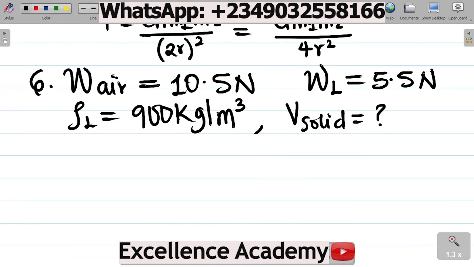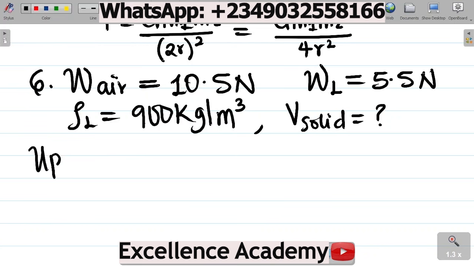So how do we solve this particular question? Your first task would be, let's find the loss in the weight. Recall that the object's weight in air was 10.5 Newton. Its weight in a liquid is 5.5 Newton. So that means when the object was immersed in this liquid, it lost some of the weight. And that loss in weight is known as upthrust.